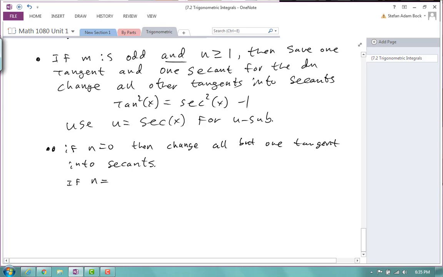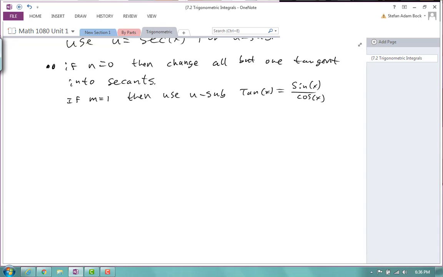If m is equal to 1, then we'll just use u sub. Tangent of x is equal to sine of x over cosine of x. So what's missing out of this?